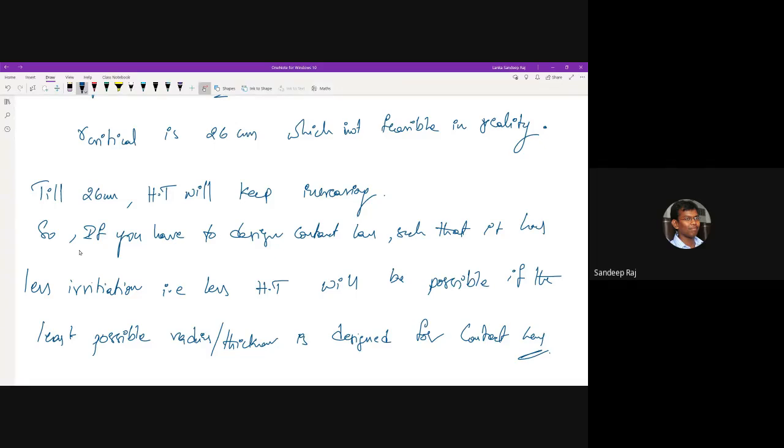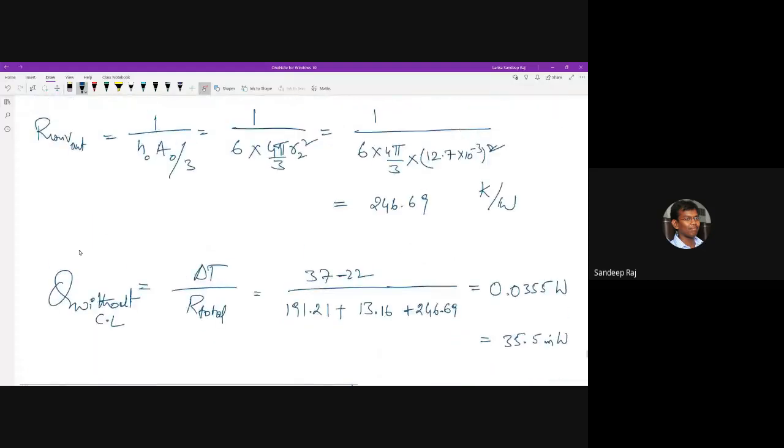No doubts? I hope it gave you an idea of how a contact lens works and how the heat transfer concept, especially the spherical coordinate system, the sphere problem, can be understood from an eye problem.